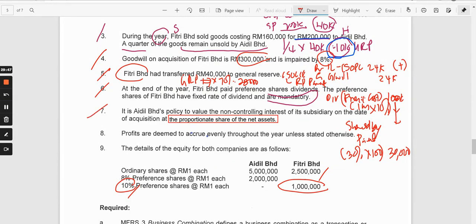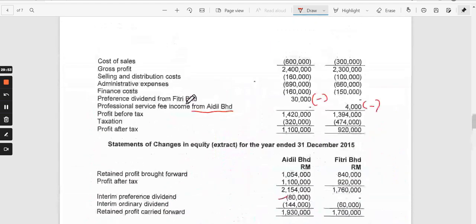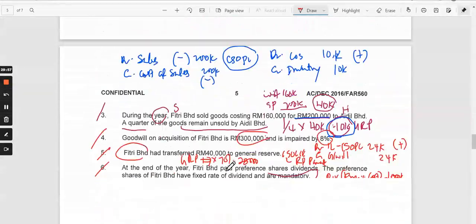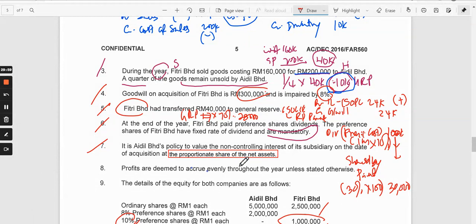Next is the information here which I have amended. This is the edited information that I mentioned, because this is the edited version of the question. Just that particular information has been edited. The one in this rectangle box, where the fair value or the value of the non-controlling interest of the subsidiary, I have edited to be at the proportionate share of the net asset. Earlier on it was at fair value.